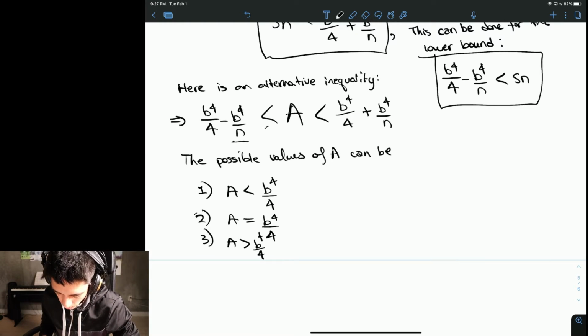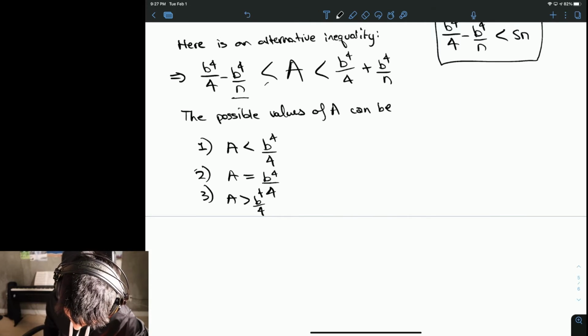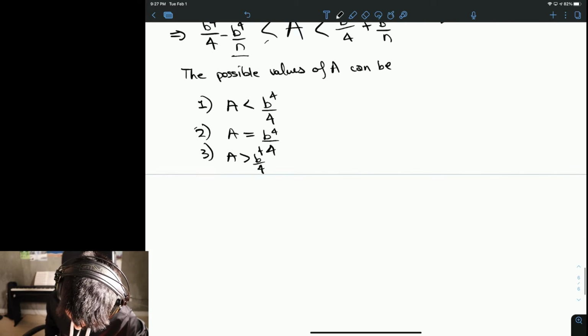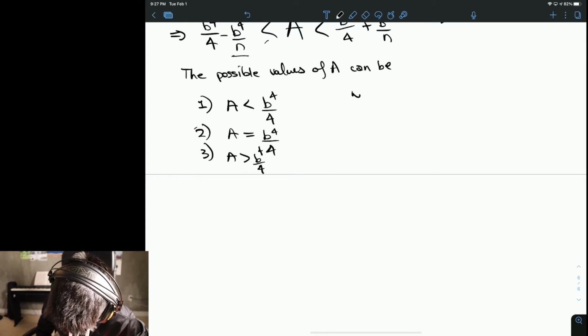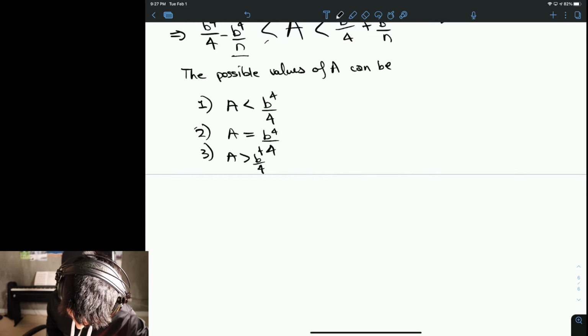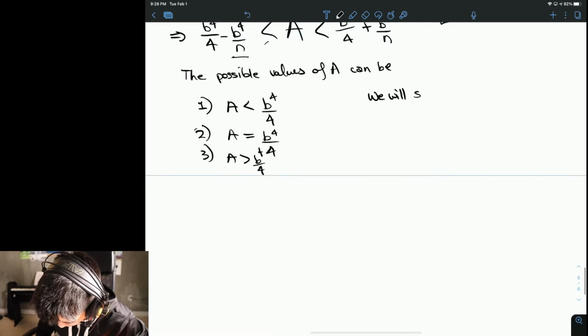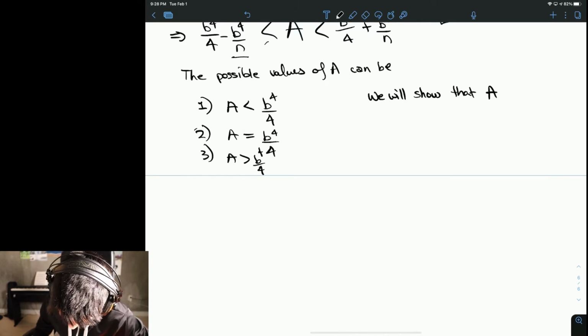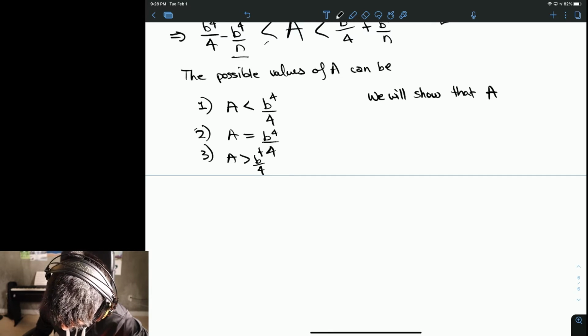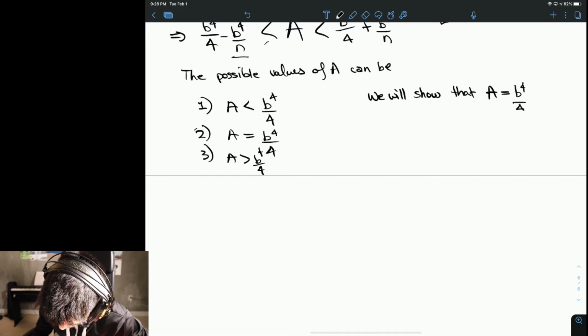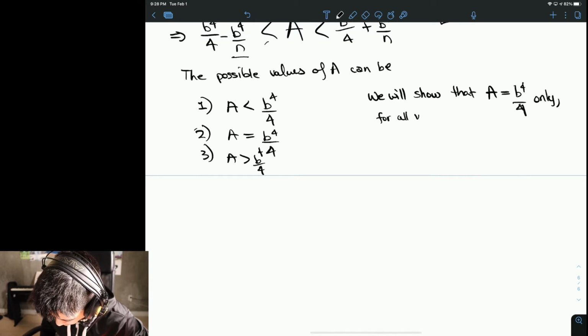We will show that, the question is asking us to do this, but we also want to show that A equals b4 over 4 only, for all values of n.